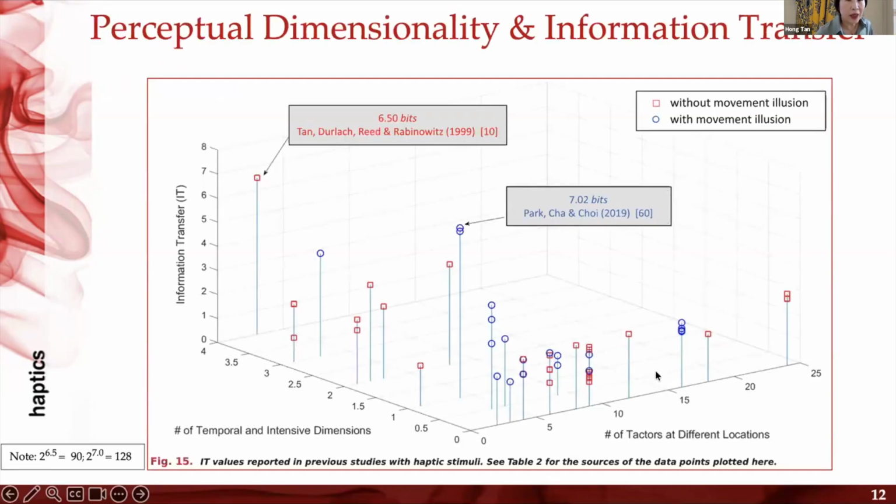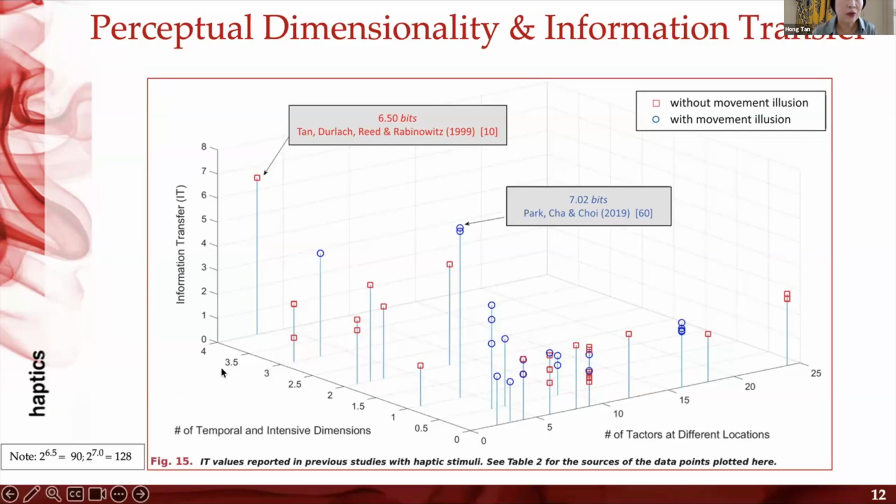So here's my big data plot, just to try to convince you. We basically summarized those principles from looking at this data plot. Let me explain what they are. We looked at some 30 experiments where people measured information transfer, and we tried to summarize them according to what we think are the key variables.